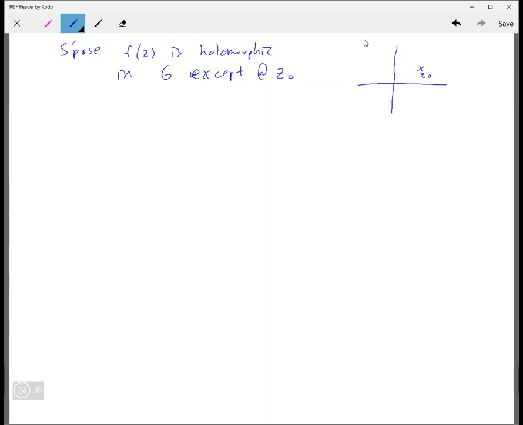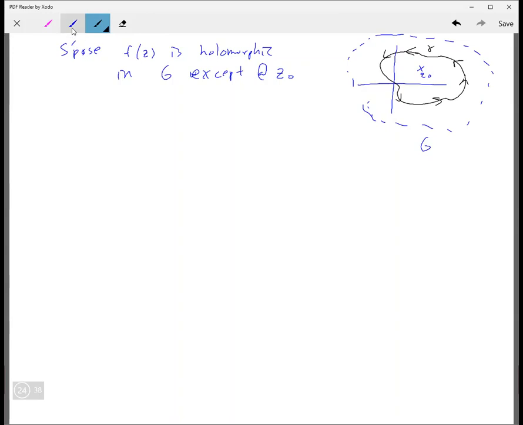So here's z naught, and let's say G is like this region here. Then let's say we have a curve that goes around here. So you have this curve gamma inside G, but it encloses z naught with a positive orientation, and it's simple closed, so it starts and ends at the same point.